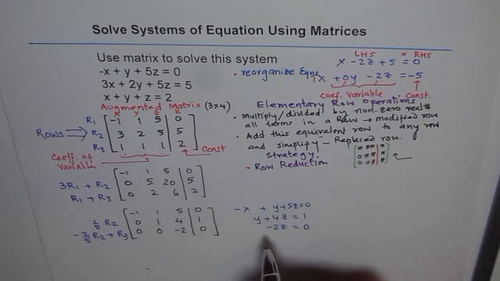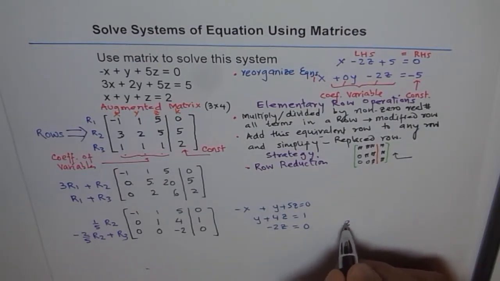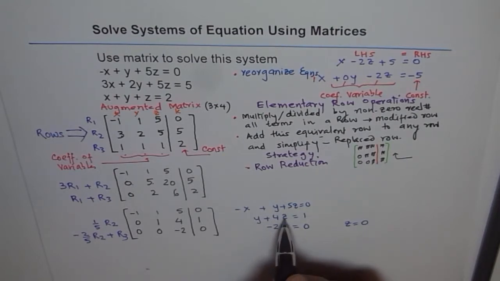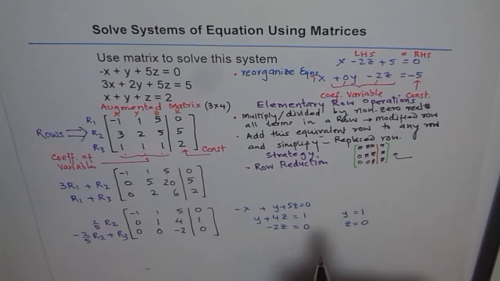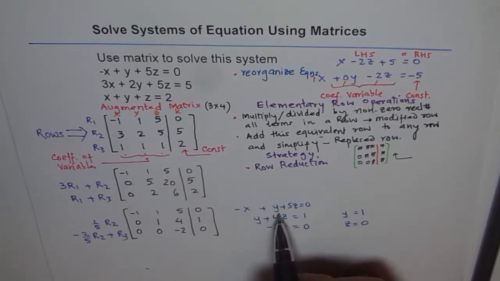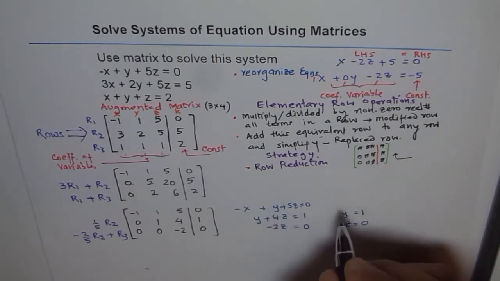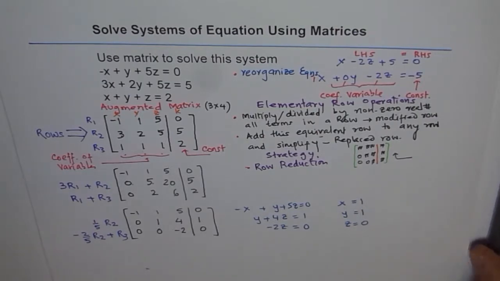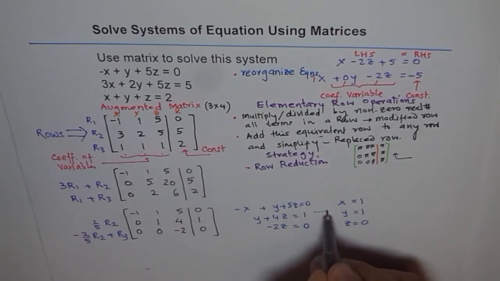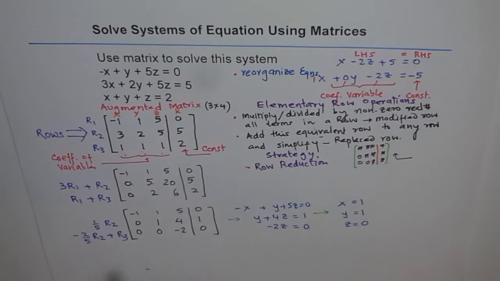That gives me the result that z is equal to 0. Now, if I put z as 0 here, that gives me y equals 1, correct? And if I put y equals 1 here, and z as 0, I can solve as x equals 1. Do you see how efficiently we move from here to here and from here to here? Do you see that?